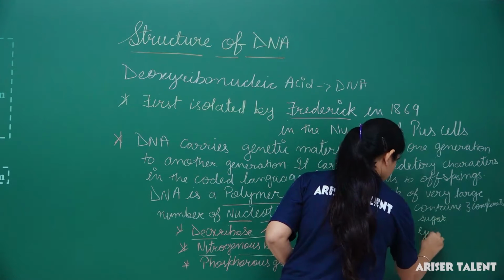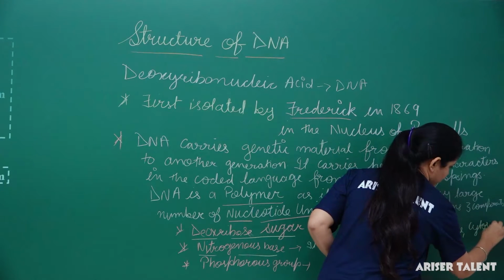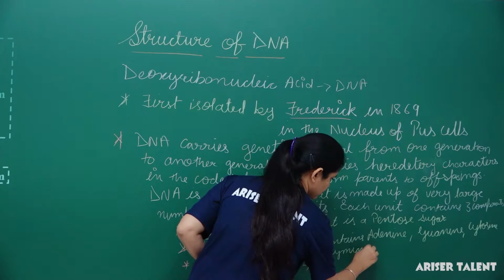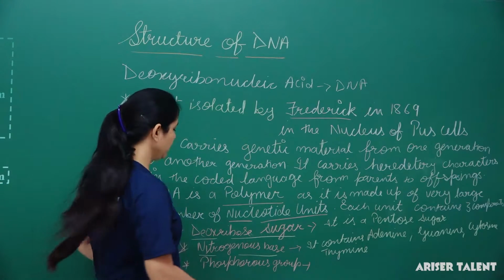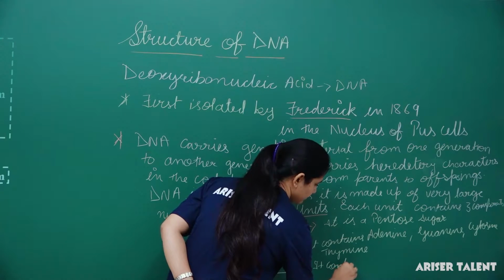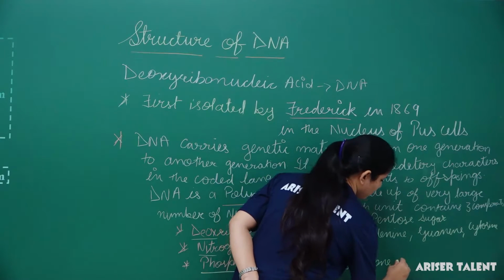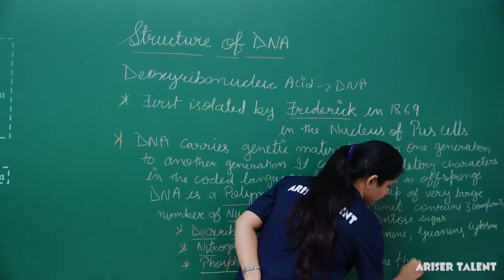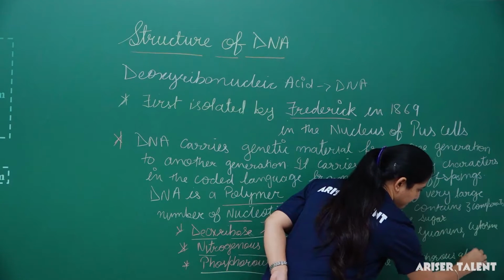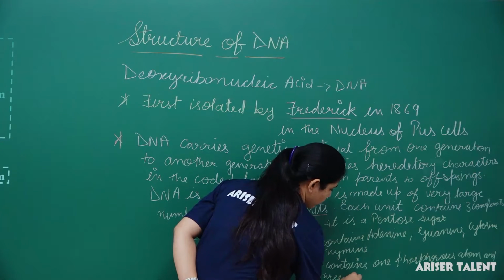Then guanine, cytosine and thymine. Okay. Then phosphorus group. Phosphorus group contains 1 phosphorus atom, and 3 oxygen atoms.